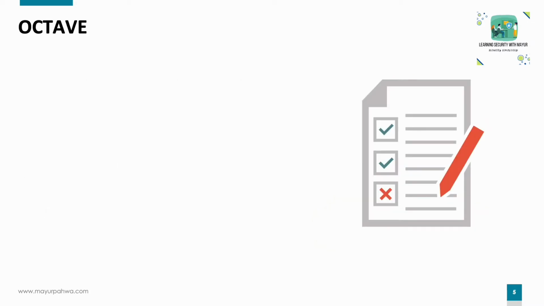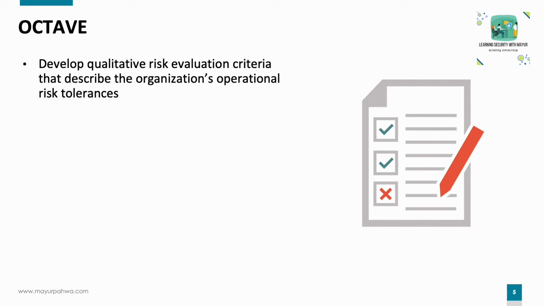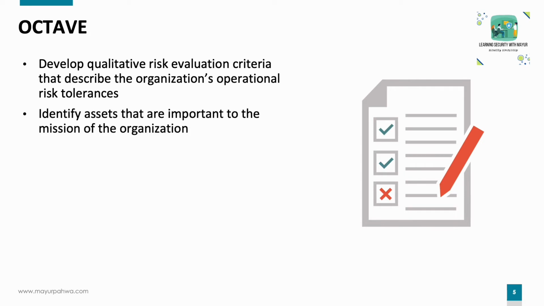The next one is OCTAVE, operationally critical threat, asset and vulnerability evaluation. That is OCTAVE, a framework for identifying and managing information security risks. See, it defines a comprehensive evaluation method that allows an organization to identify information assets that are important to the mission of the organization, the threats to those assets, and the vulnerabilities that may expose those assets to the threats.